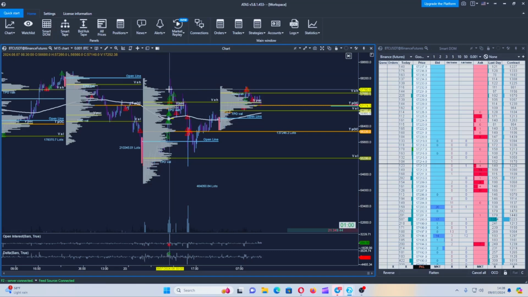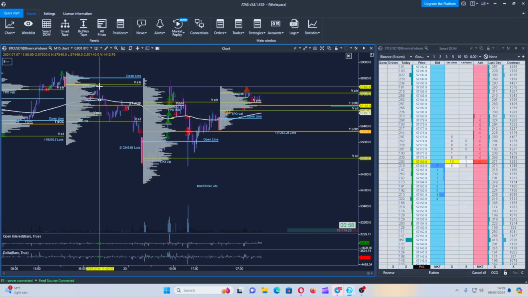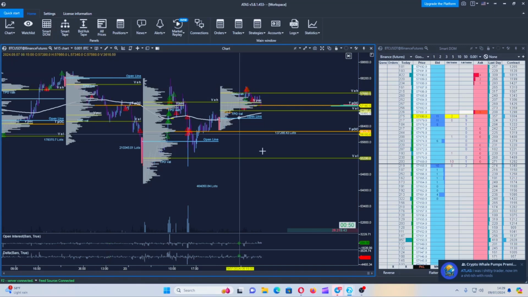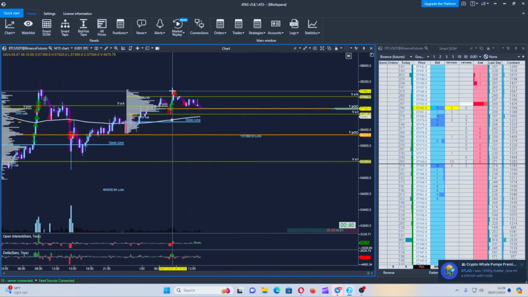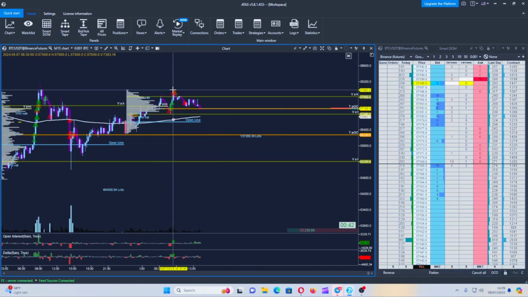So we've got this level here. Look, that level marks out perfectly across this area here. This is how you can take easy trades using this platform. And then all you'd have done was, if you'd have taken that sell up there, I didn't take the sell, I'm not saying I did because I didn't, but if you'd have taken the sell up here at the value area high, all you're aiming for is the VPOC, and then we've got the TPOC.